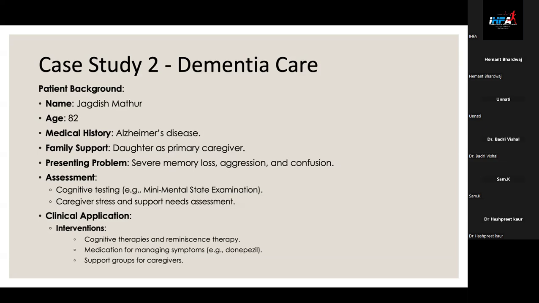And we gave the caregivers a support group number. So there people used to come and discuss the conditions of their patients. They used to bring their patients as well. So the patient also got a support group for their particular disease.